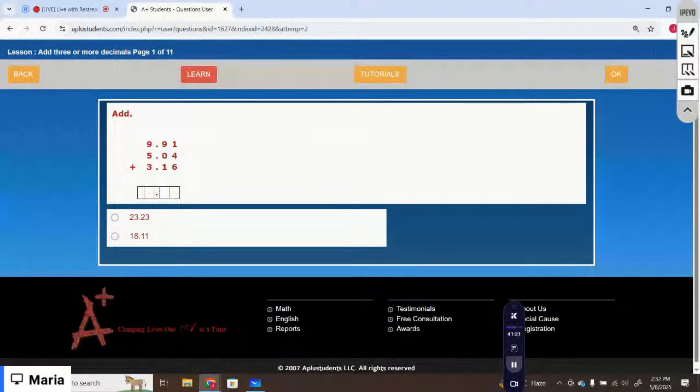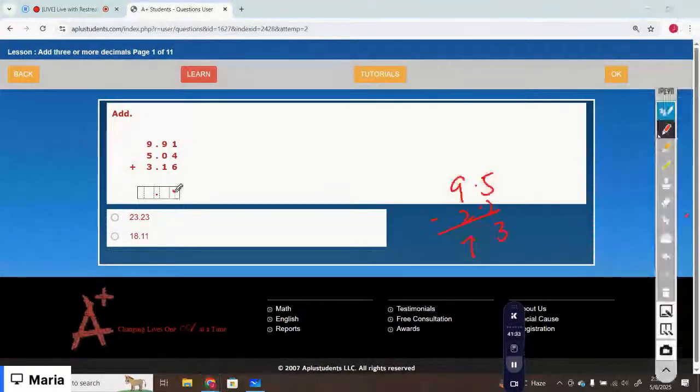So let's just add. 6 and 4, 10 and 1, 11. Write 1 and carry 1. 9, 10, 11. Write 1 and carry 1. 9 and 5, 14, 15, 16, 17 and 1, 18. So that is 18.11.